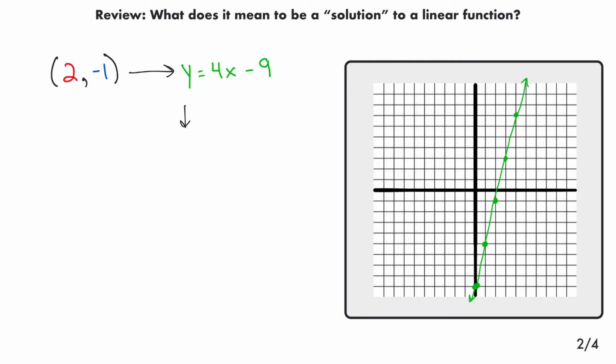When you do that, you would get negative 1 is equal to 4 times 2 minus 9. If we simplify that, we get negative 1 equals 8 minus 9, negative 1 equals negative 1. It's a true mathematical statement. Negative 1 does equal negative 1, which is why that coordinate is right here.